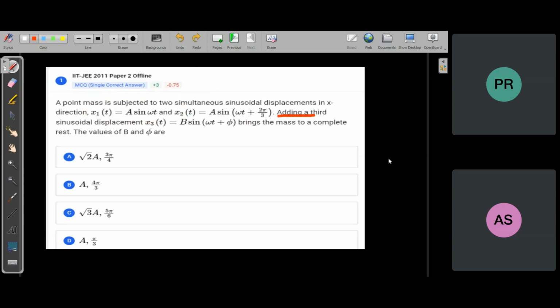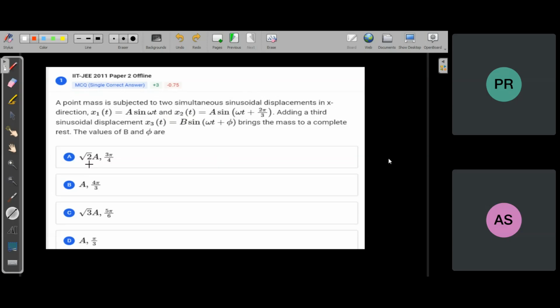Now the thing is how adding a third sinusoidal displacement brings the mass to a complete rest. Due to superposition of these two SHMs, the resulting motion will have some amplitude, and then when the third displacement is applied, it comes to complete rest.